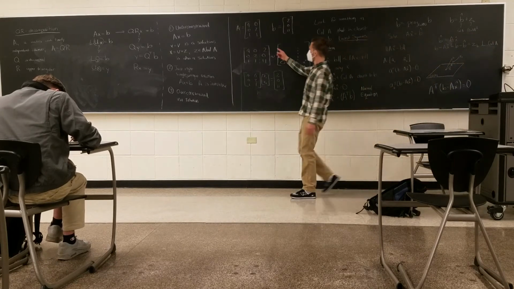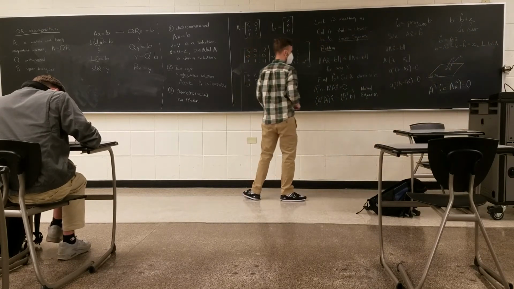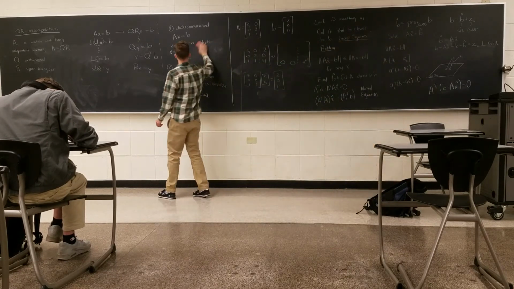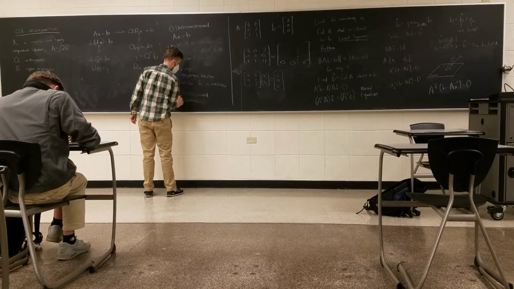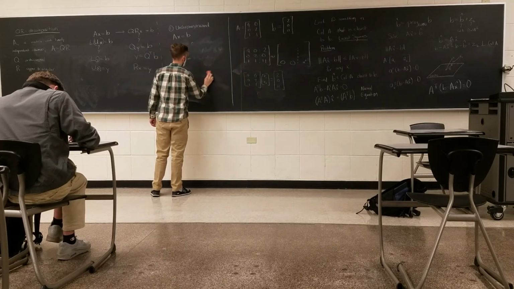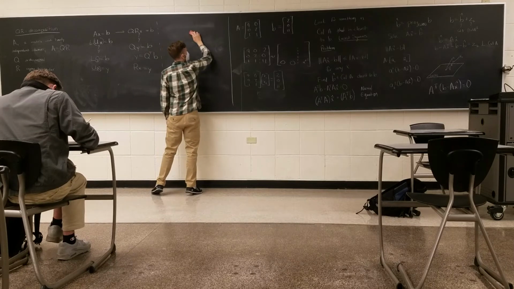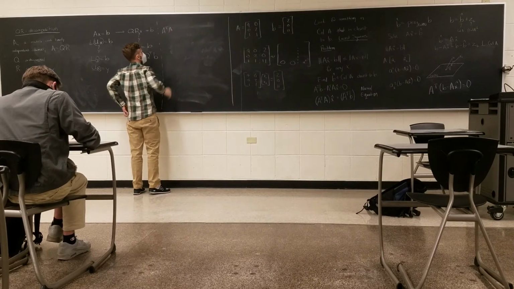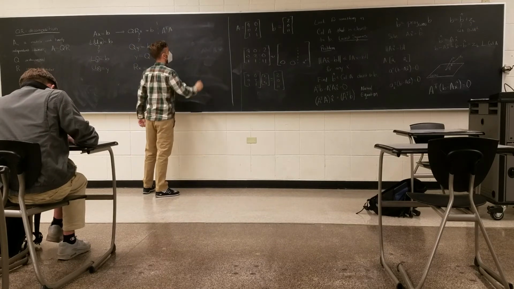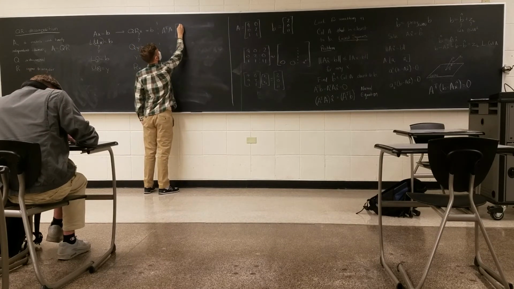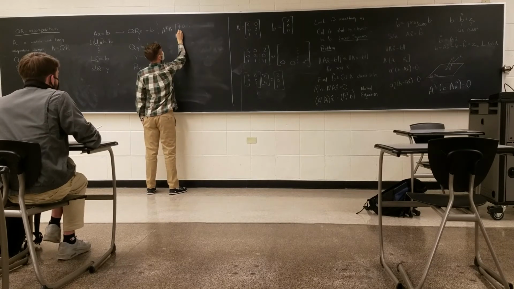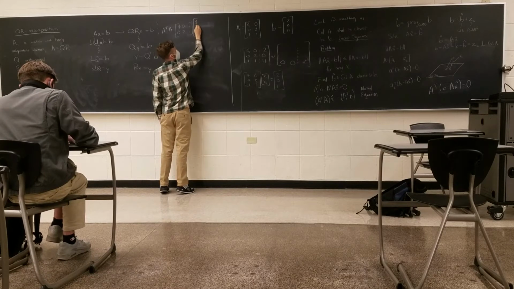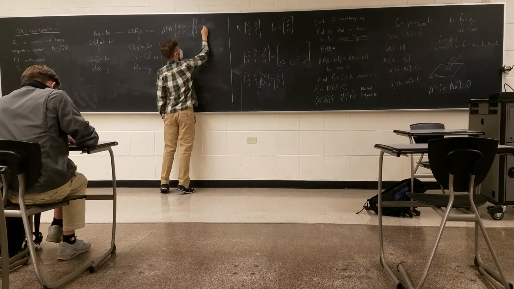Okay, so what does that give us for this one? A transpose A is [4, 0, 1; 0, 2, 1] times [4, 0; 0, 2; 1, 1].